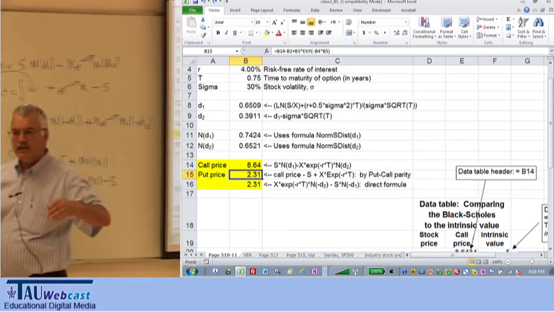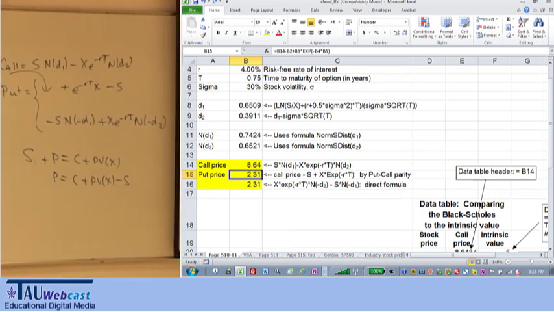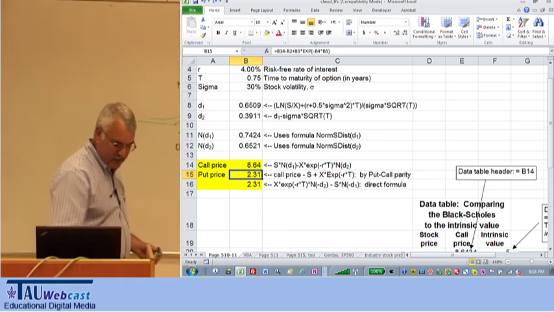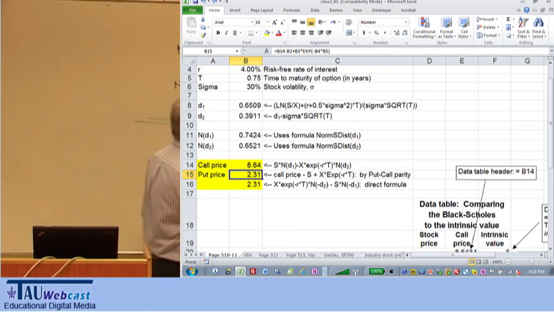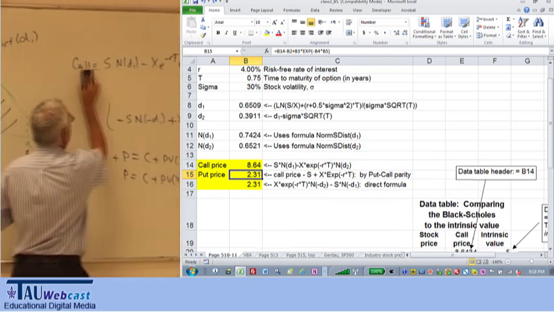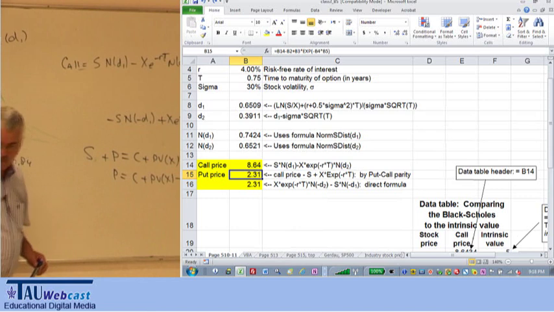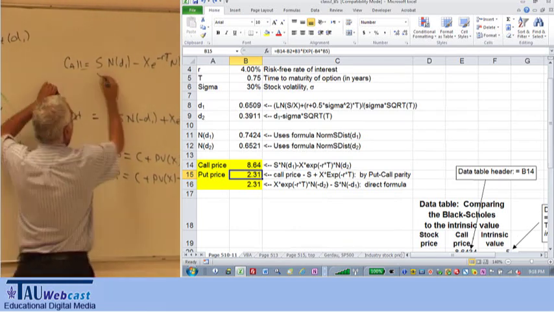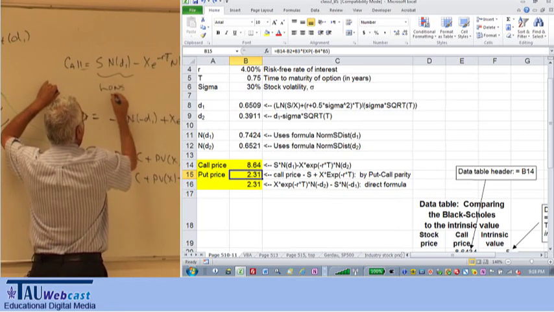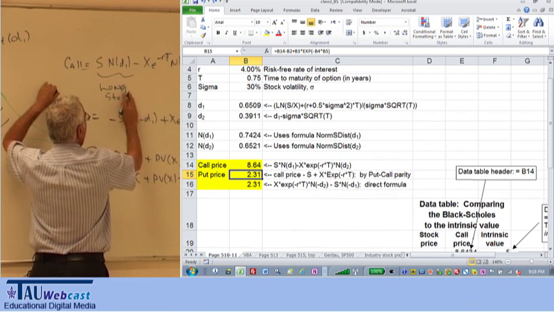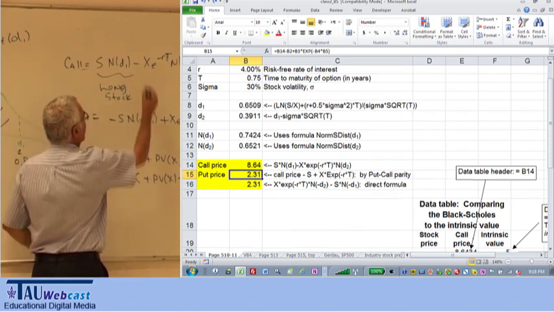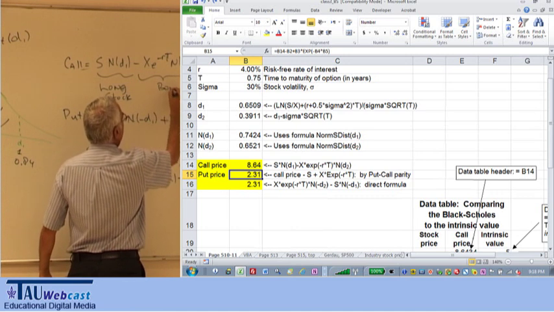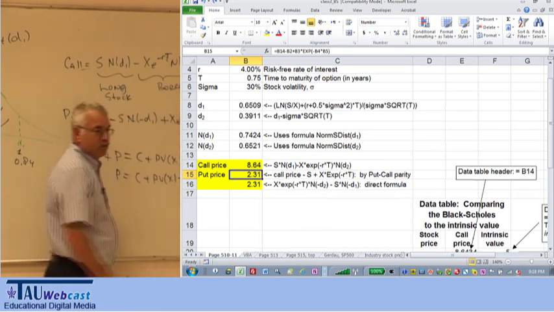And then there's this hand waving explanation, which is completely correct, by the way, that says, what's a put and what's a call? Well, a call is a long position in the stock and a borrowing position in the risk-free rate.